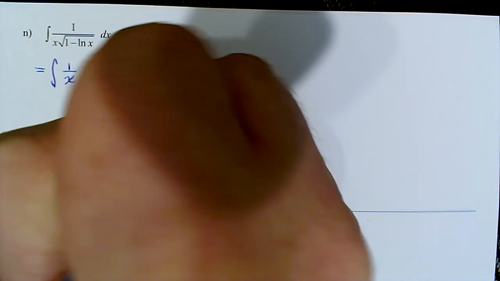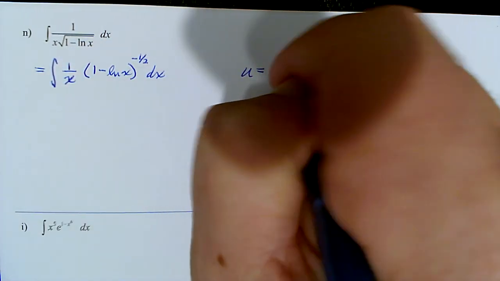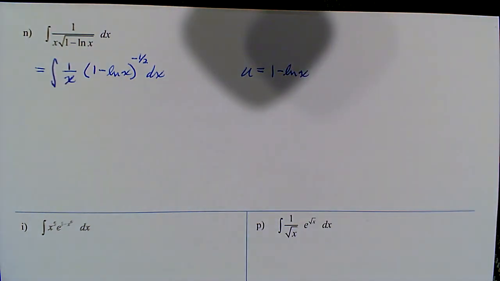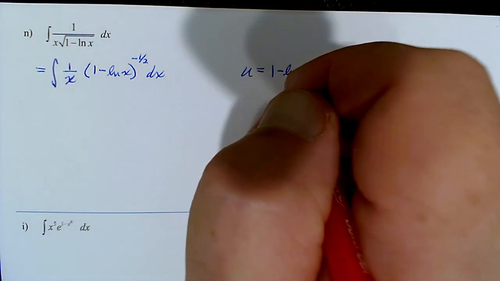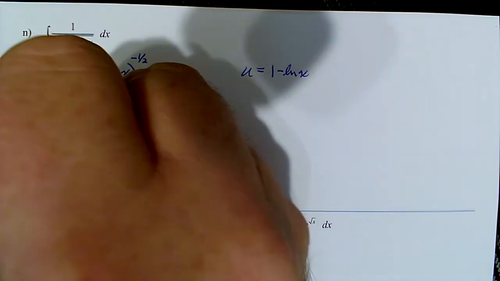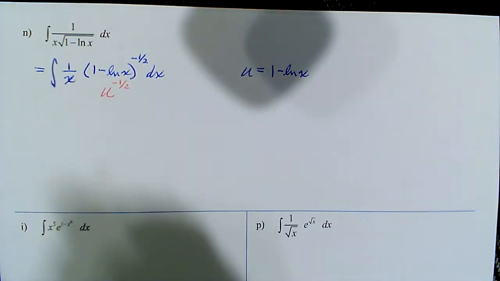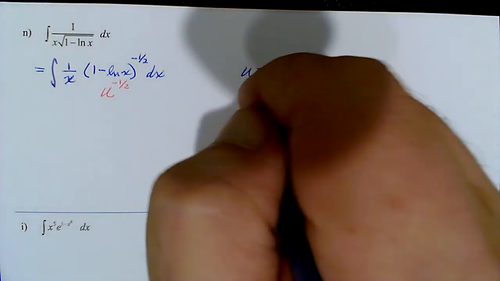And then I'm going to start a U-substitution by choosing u to be the quantity 1 minus the natural log of x. Not the power, because the power is accommodated in the formula for the integral of u to the n. And so, with respect to the integral, this is going to be u to the negative 1/2, and we hope our du will unfold to be the remaining factors.